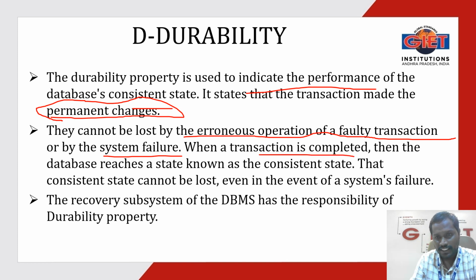Whenever the transaction is completed, the database reaches a consistent state, which is most important, and that consistent state cannot be lost even in the event of a system failure. So this consistent state has to be protected. This is what we call durability.